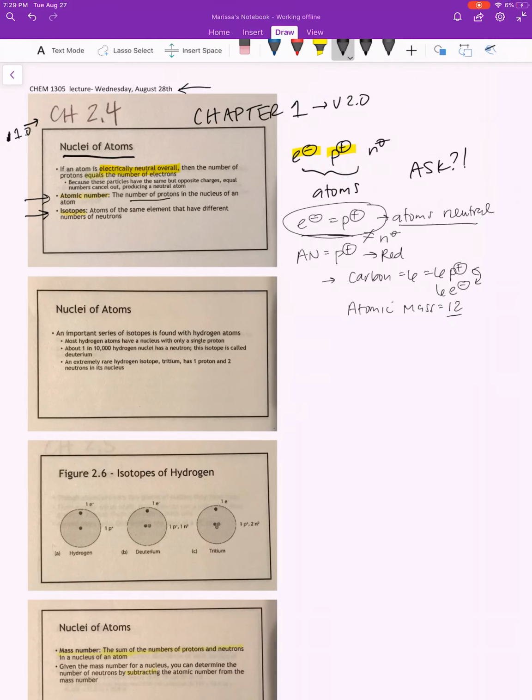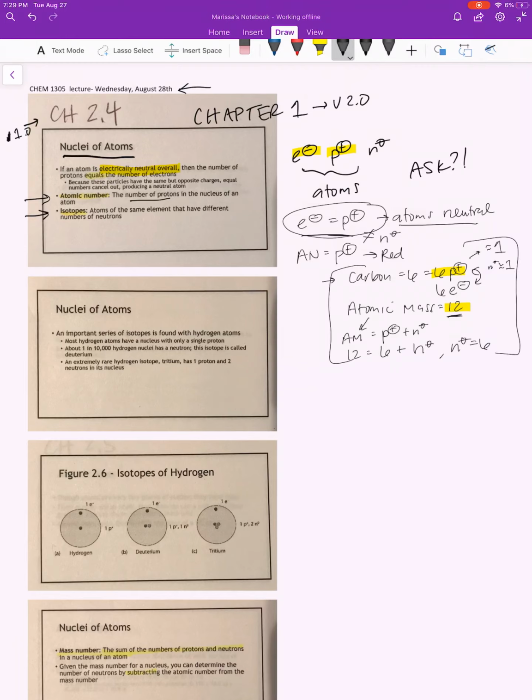And if you think back to the previous table, we said that protons, we could say, have a relative weight of 1, and neutrons have a relative weight also of 1. Okay, so our atomic mass is going to be a sum of the number of protons plus the number of neutrons. So if we treat it like a formula, 12, which we said was here, and 6 protons, means that our number of neutrons is also equal to 6, okay? And that's for this carbon.